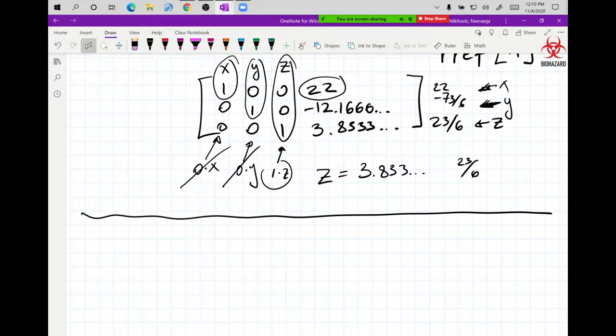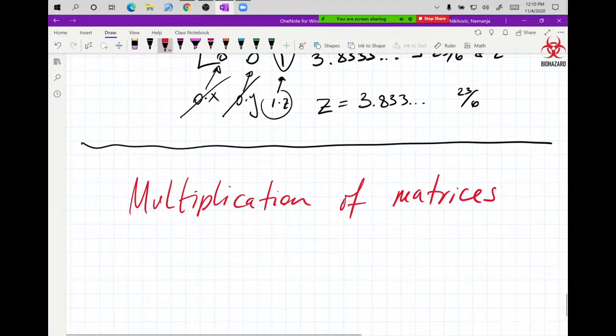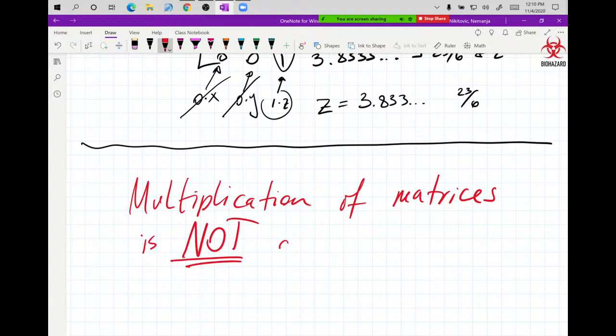Most important, I have to write this in blood, multiplication of matrices is not commutative.